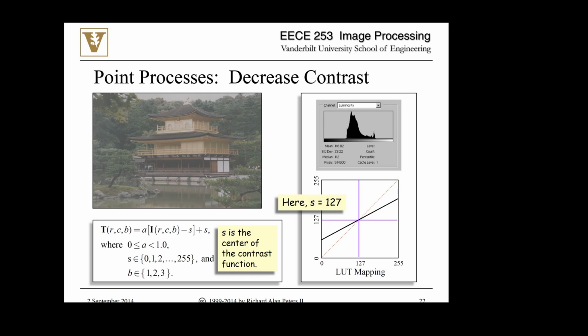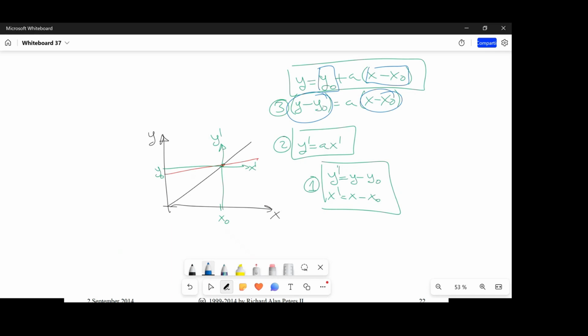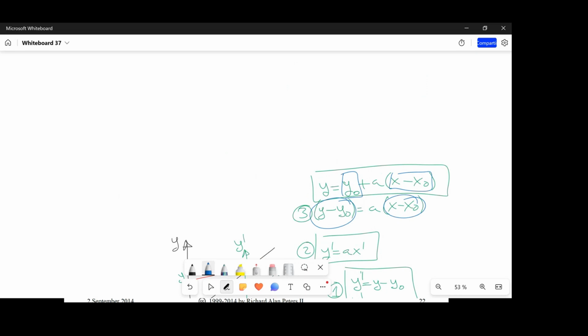Let's say an example. Let's say that is my input, and just to make it simple, my transformation will be half of X. So 0 goes to 0, 1 goes to a half, and so on; 2 goes to 1, 3 goes to 1.